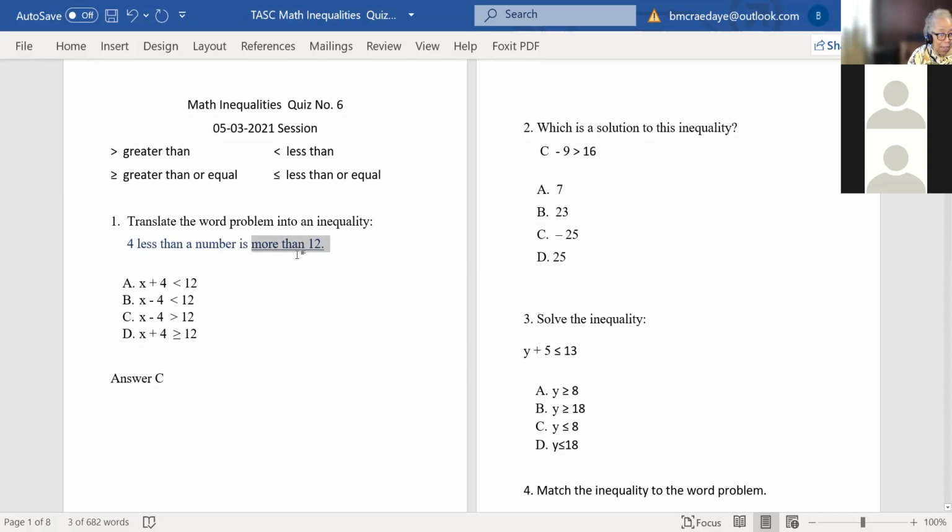That's the same as your inequality, greater than. And 4 less than a number, remember I told you that's always a subtraction. That means you're subtracting 4 from a number. Your number here is the variable x, with 4 subtracted from it, and your result is greater than 12. So you got C correct.